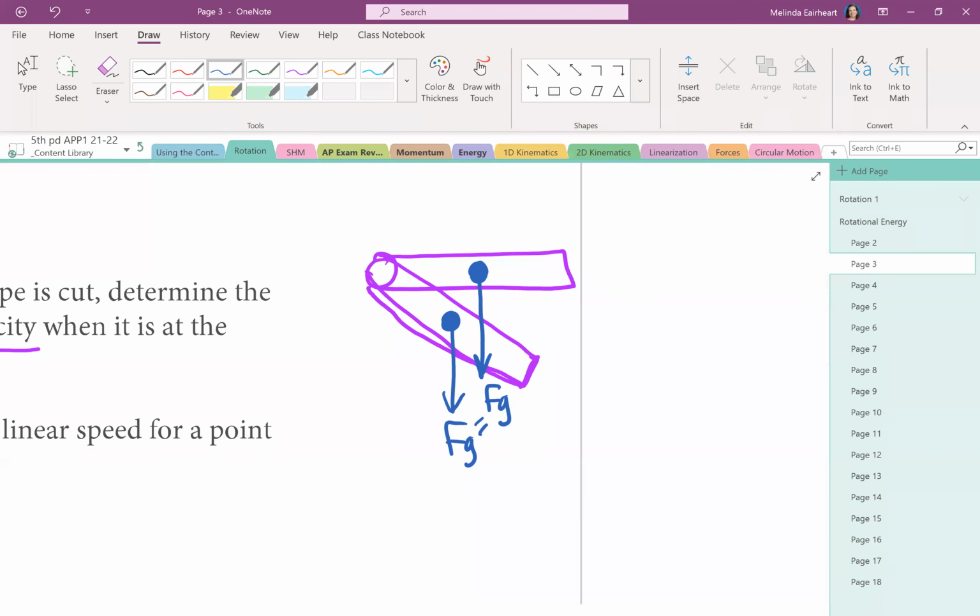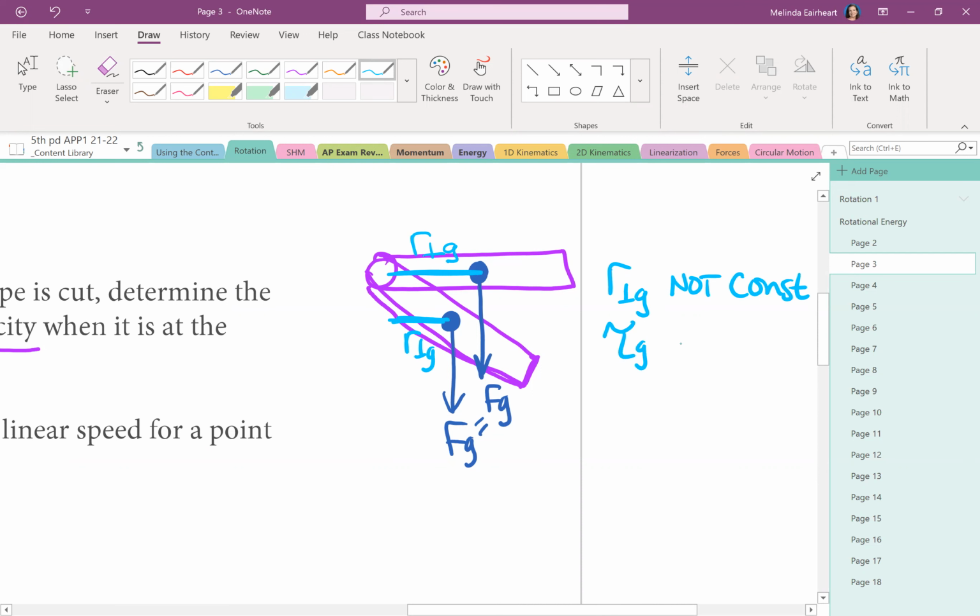So R perp G is not the same as in the beginning. We would need an angle at that point, right? R perp G is not constant, which means the torque of gravity is not constant, which means your alpha is not constant. So even if you said, I want to go torque and angular acceleration or kinematics approach, you'll run into an issue. That lever arm is constantly changing.